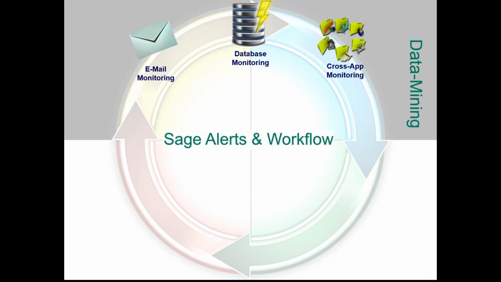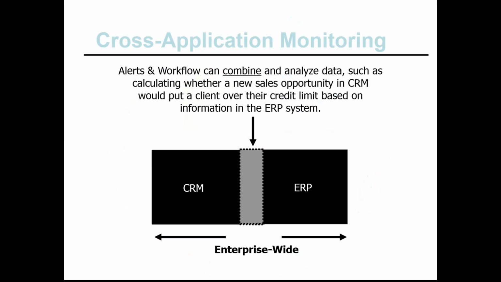Now, I made mention a couple moments ago of monitoring Sage 100, but also monitoring an application like Sage CRM or a human resource application. Look at this scenario. How cool would it be if you had a system that could say, hey, we just got a new sales opportunity entered into CRM. Let's go over to Sage 100 and let's find that corresponding client record. Let's see what their current AR balance is.